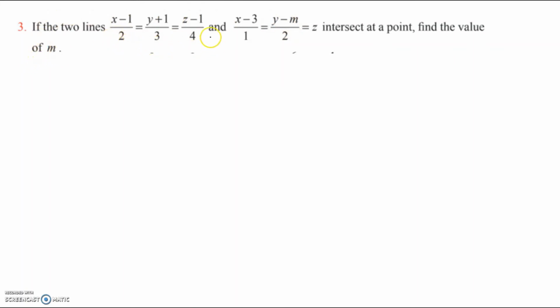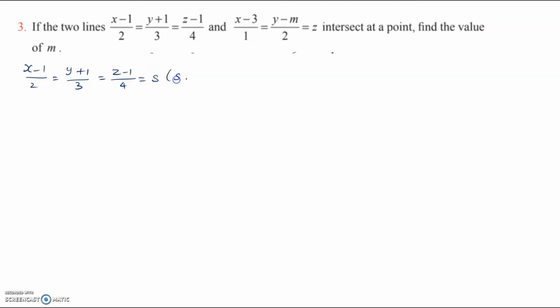So let's equate the first Cartesian equation, which is x minus 1 by 2 is equal to y plus 1 by 3, which is equal to z minus 1 by 4 is equal to s.